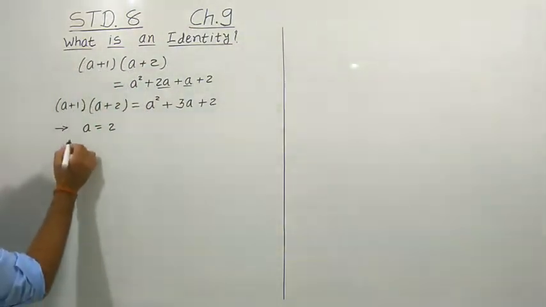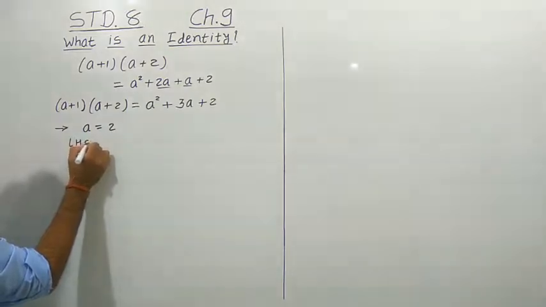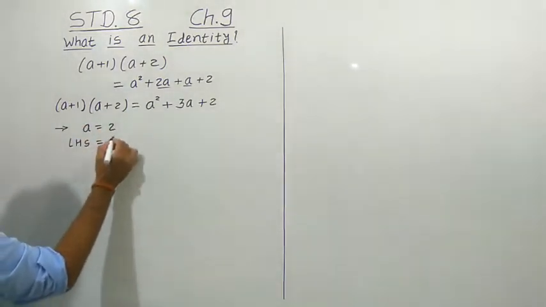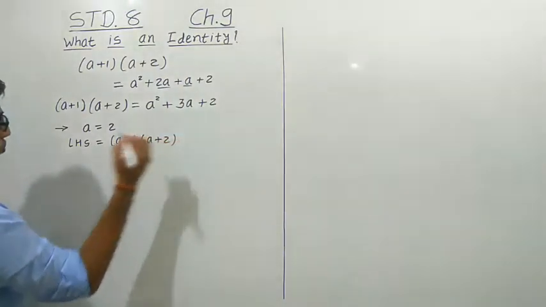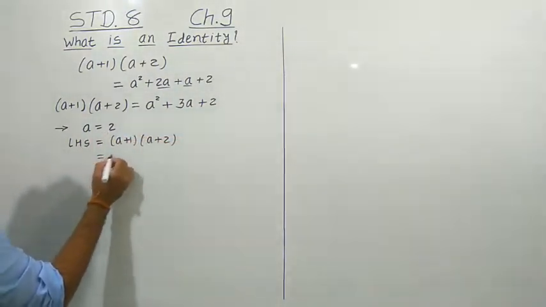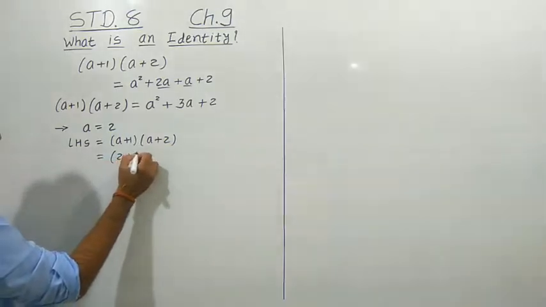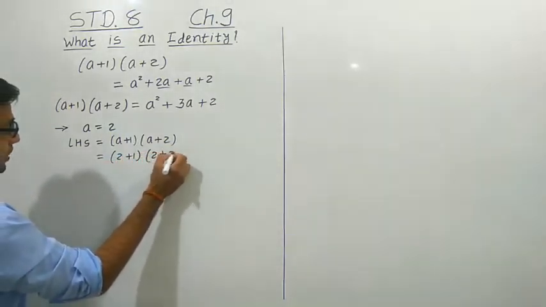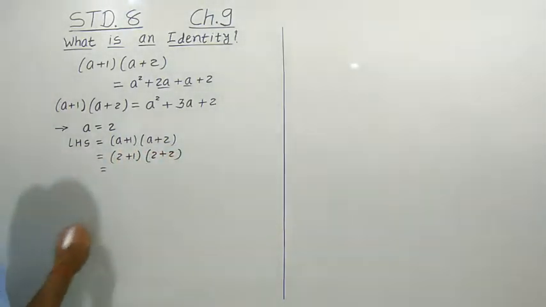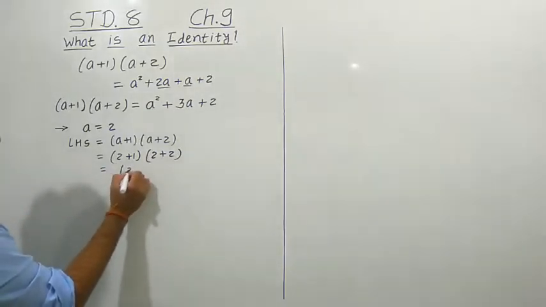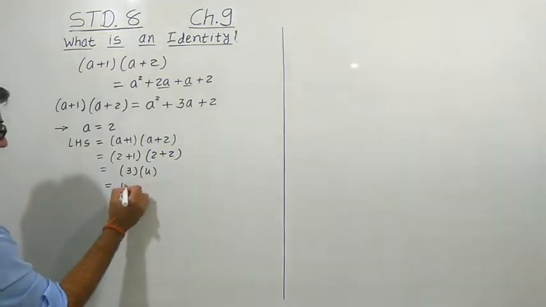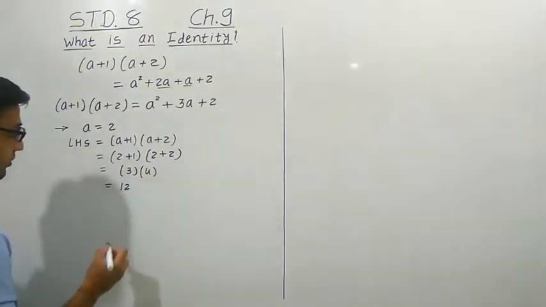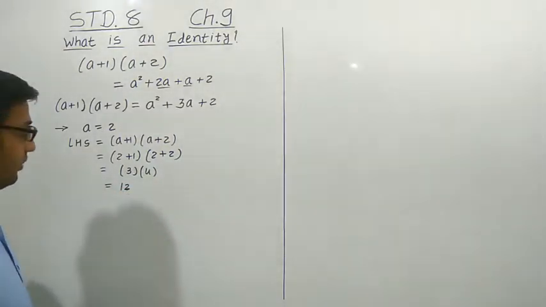First, let us put it into the left hand side, where we have the brackets a plus 1, a plus 2. Now put the value 2, so we get 2 plus 1 and 2 plus 2. Now the simplification: 2 plus 1 is 3 and 2 plus 2 is 4, and 4 threes are 12. So here we get the value 12, right?